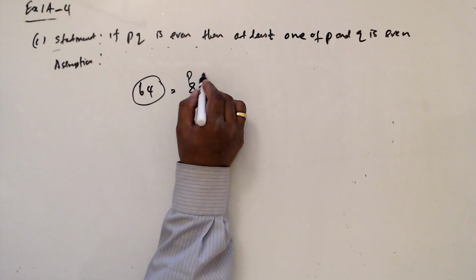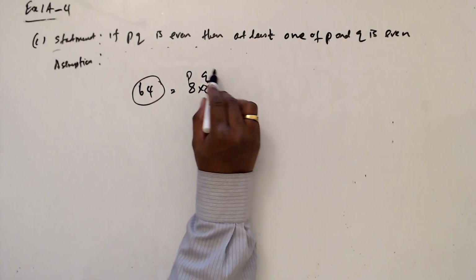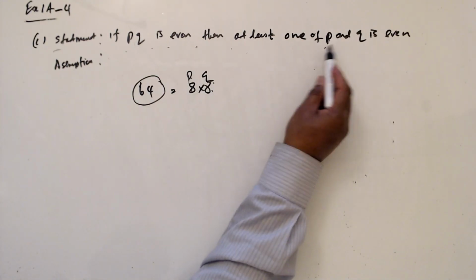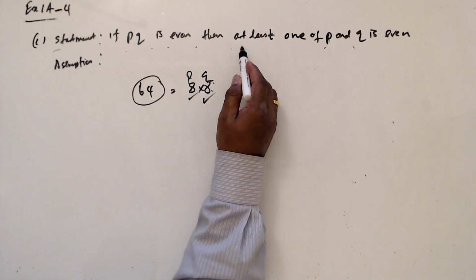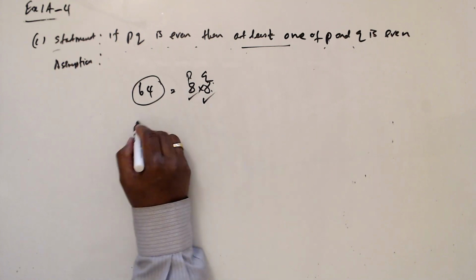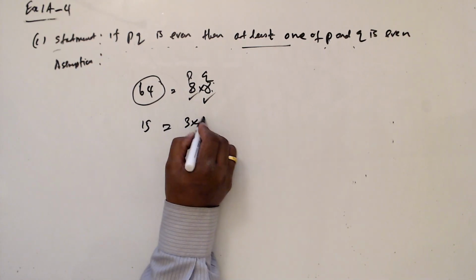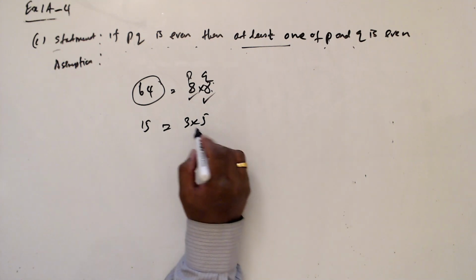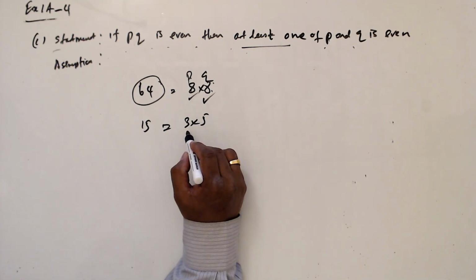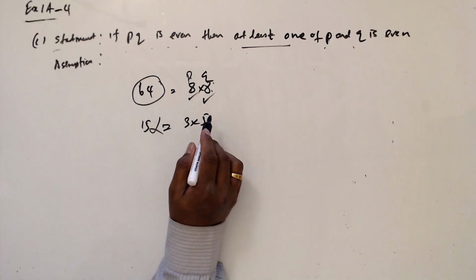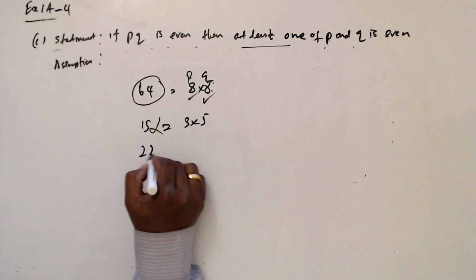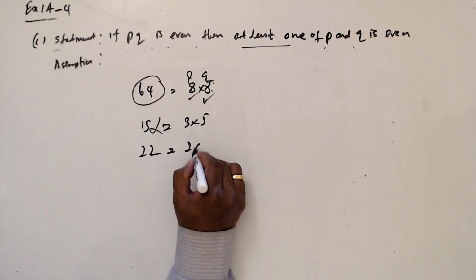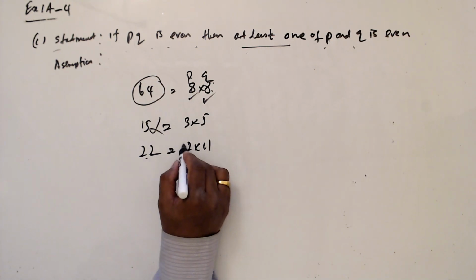So this is P and this is Q, and both are even, so at least one is even. That is fine. How about 15? We can break it into 3 times 5. So 15 is not even, we can't take this one. Any other one? 22, so 2 times 11. I can write it as two factors.